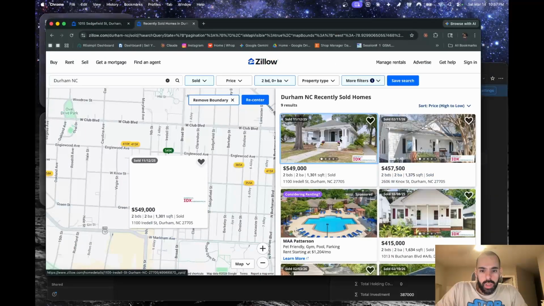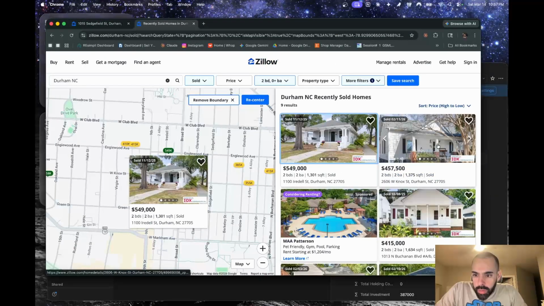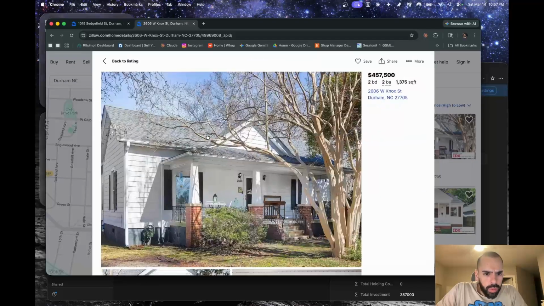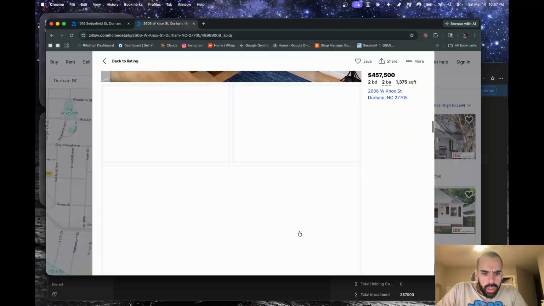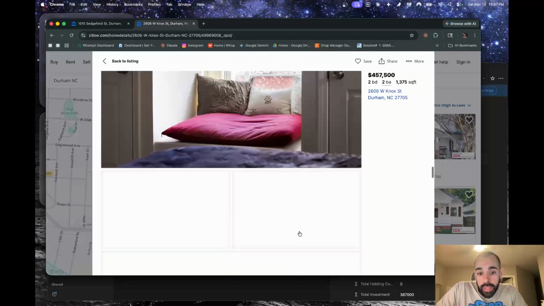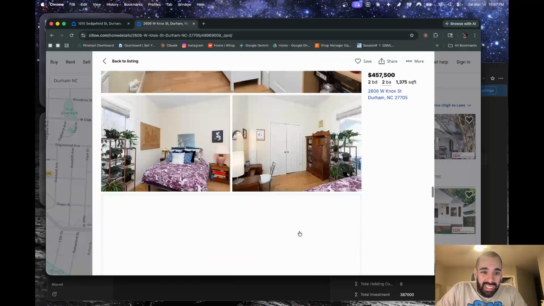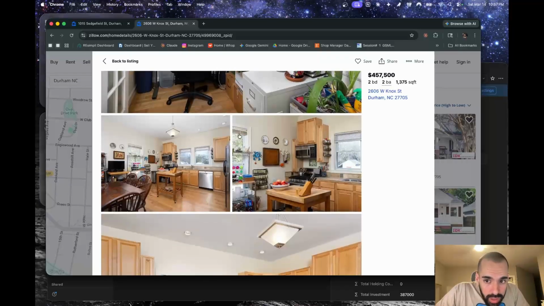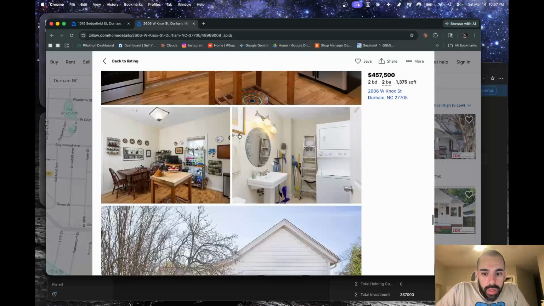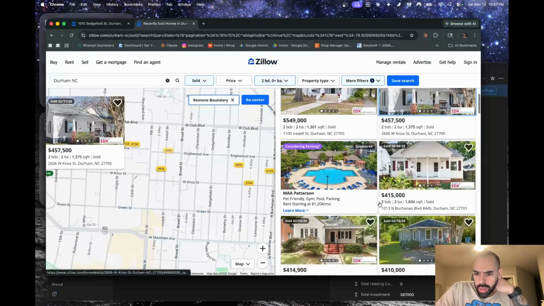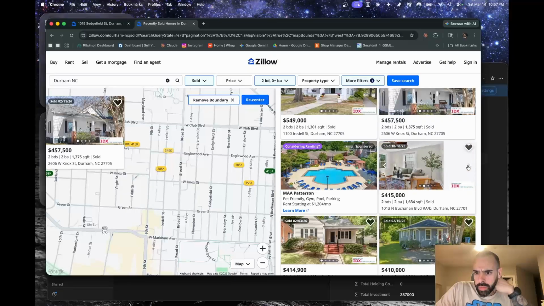Let me see this one. This is so weird. 1935, a little older. Nice house. I can see why this one sold for a little less. Okay, what about you?